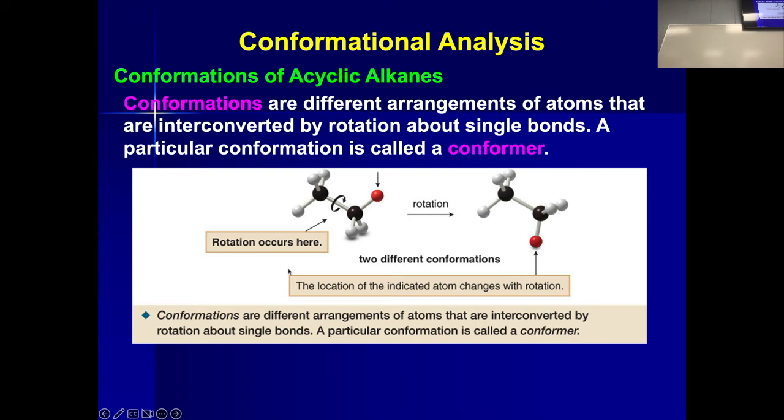If you built a space-filling model, what you would find is that this group and this group actually get really close to touching one another. But when they're here, they're very far apart. So when we're talking about things around bonds, you always want to get the biggest things as far apart as possible. So this is more stable than this.